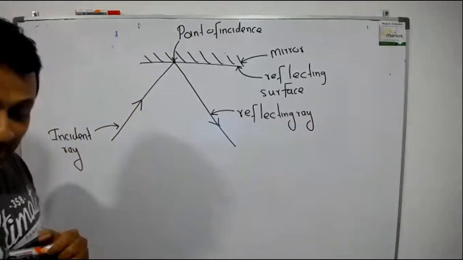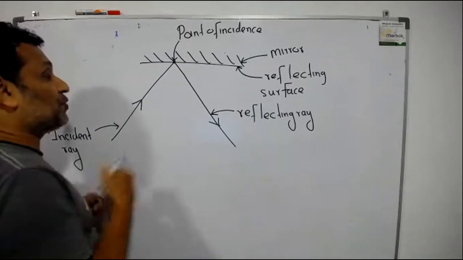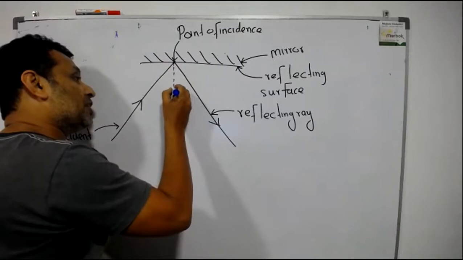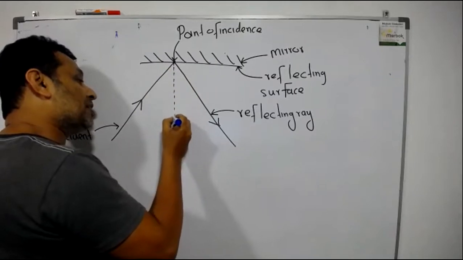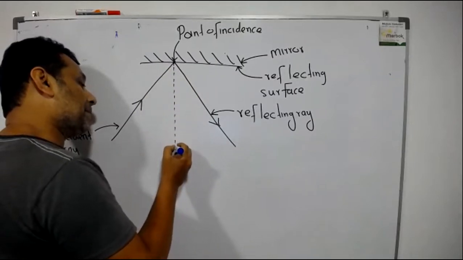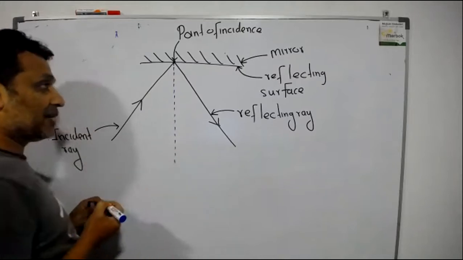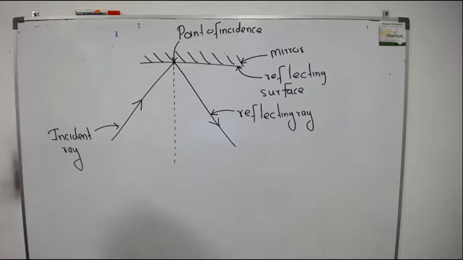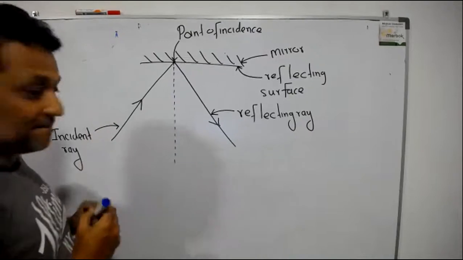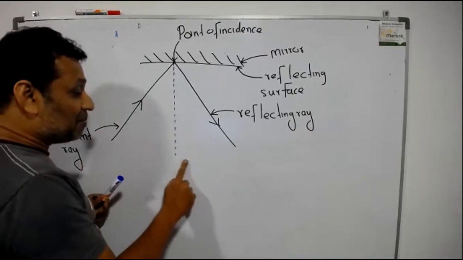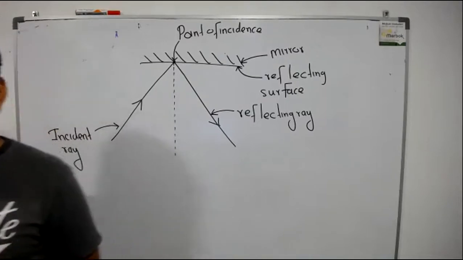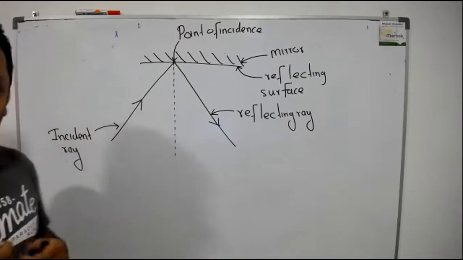Reflecting ray. In the point of incident, they have drawn a broken line there. Am I right? What is the name given to this broken line?